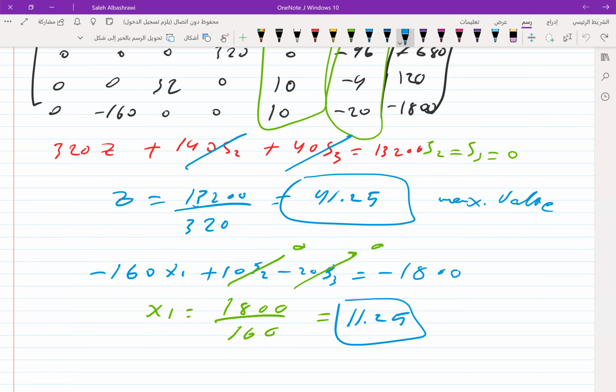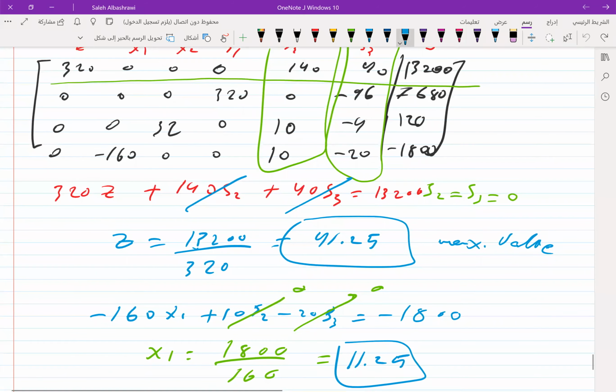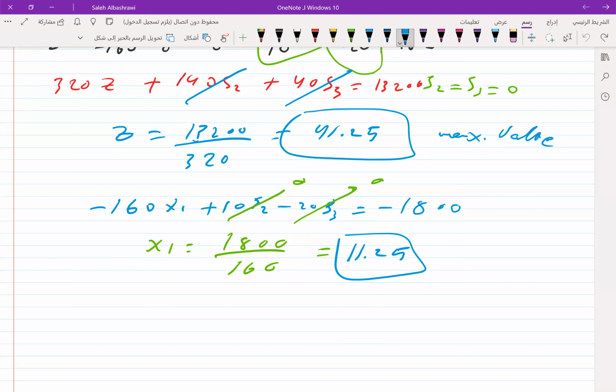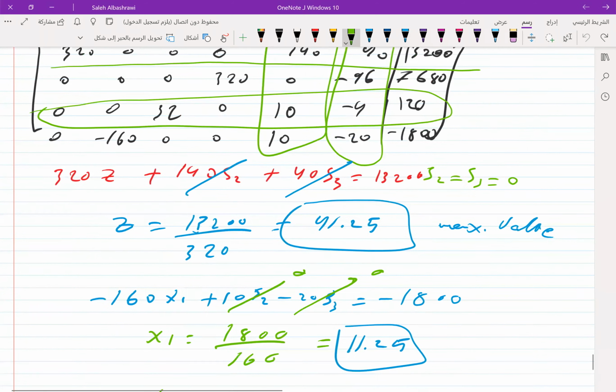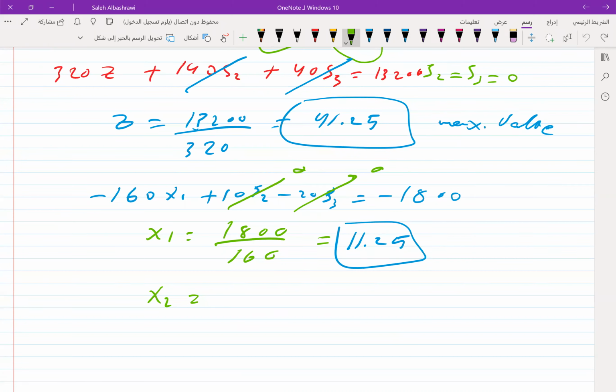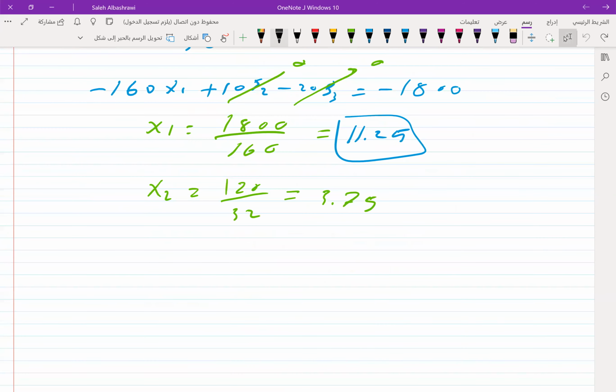This is x1. From the third row, we have 32 x2, using S2 equal to 0 and S3 equal to 0, so we'll have 120 divided by 32, which is equal to about 3.75.